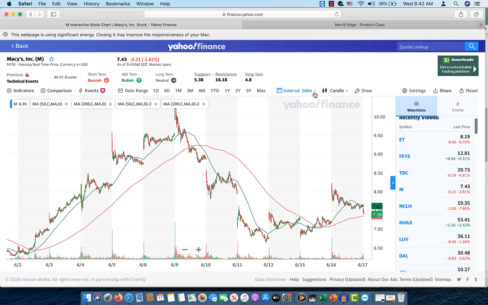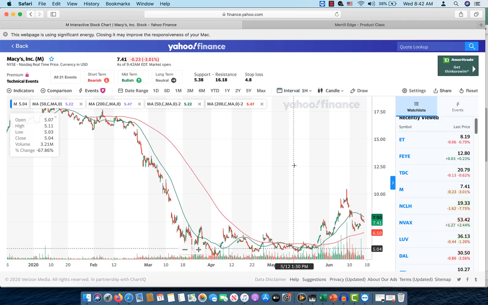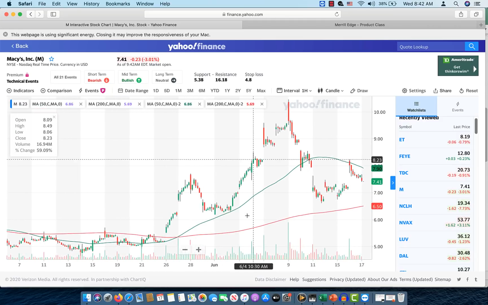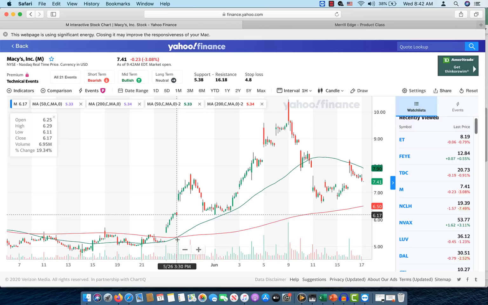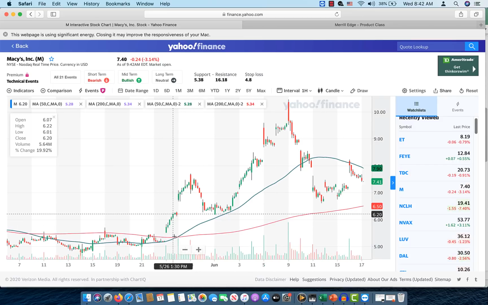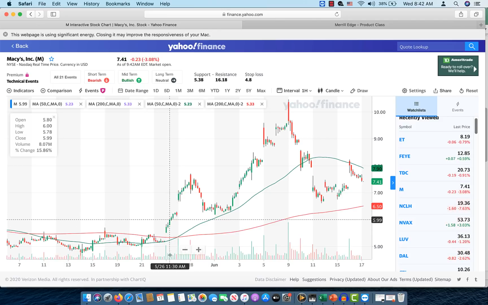Okay, let's look at the 1 hour on Macy's. Look, we're above the 200. The 200's a red line. So we crossed here, back in May.